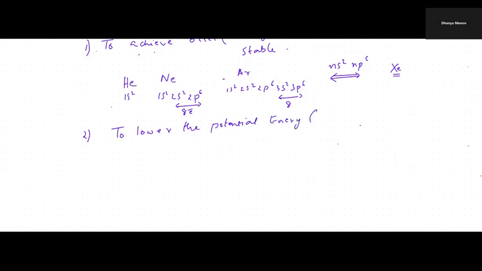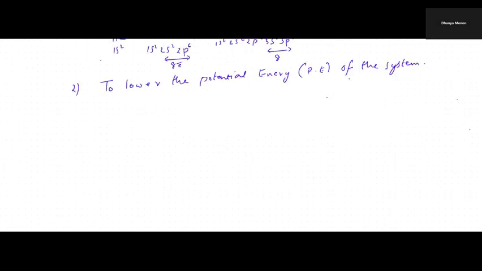Any system, if it is at a lower energy, it is considered to be more stable. So in order to lower the potential energy, they combine. For whatever leads to lower energy, that form will be more stable.